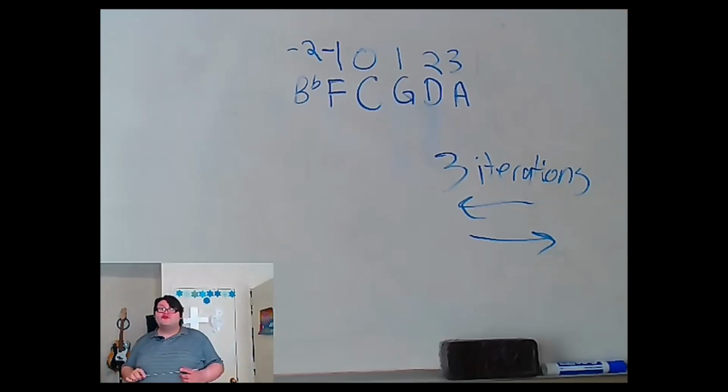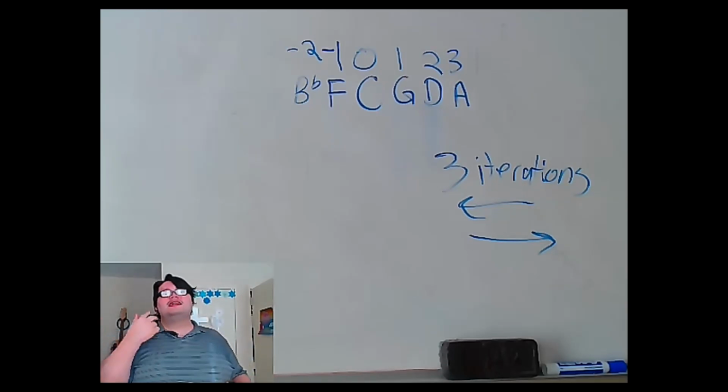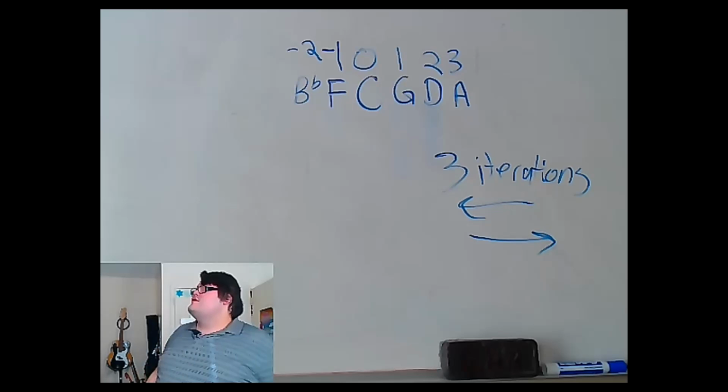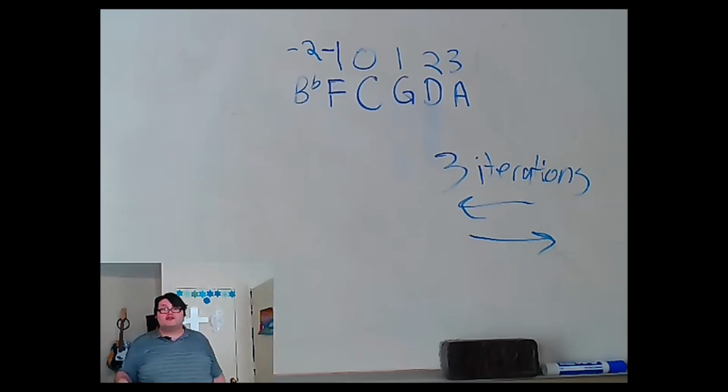I want you to go up to -5, so -3, -4, and -5. And then I want you to do 3 iterations this way on the positive. By the time you finish with the positive iterations, you're going to go up to 6. So 4, 5, and 6.